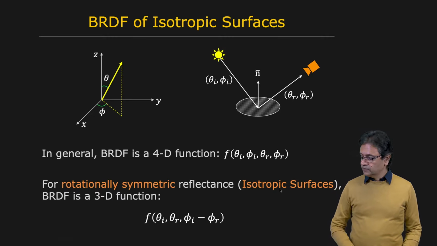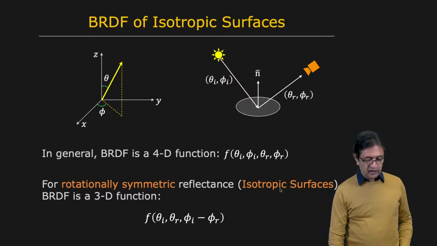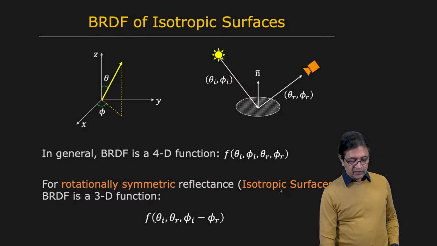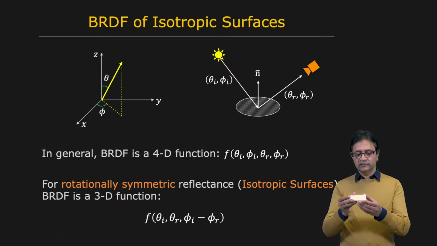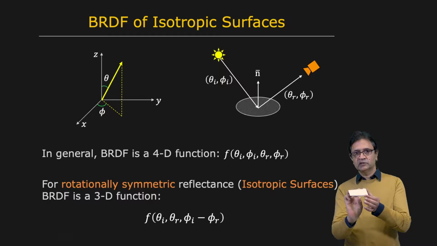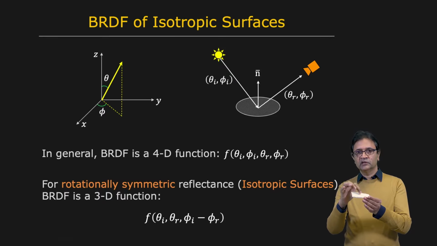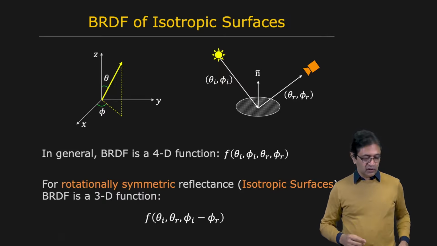The easiest way to figure out whether a surface is rotationally symmetric or isotropic is that if you're observing the surface, and you have a surface normal right here, and if you spin the surface around its surface normal, and the brightness of the point that is of interest to you does not change, then you say that it is rotationally symmetric in terms of its reflectance, or isotropic. If it does change, it is not isotropic.